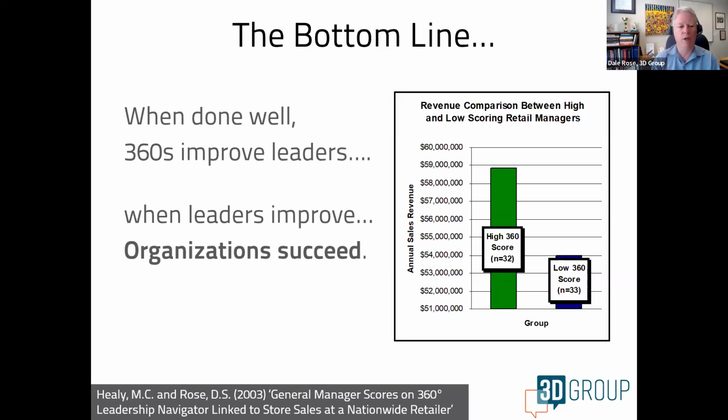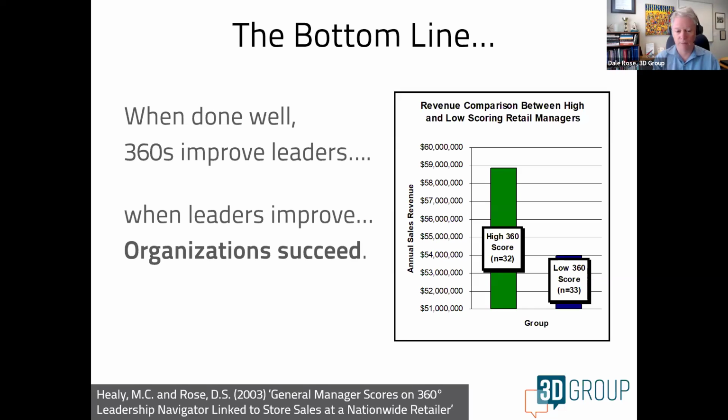There were some controls put in here. So, bottom line, we do know that the better leaders score better on these assessments. If you're helping develop people in these areas and helping them see where their blind spots are, that's going to drive sales at the end of the day.